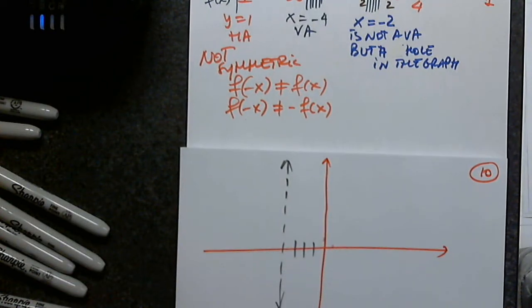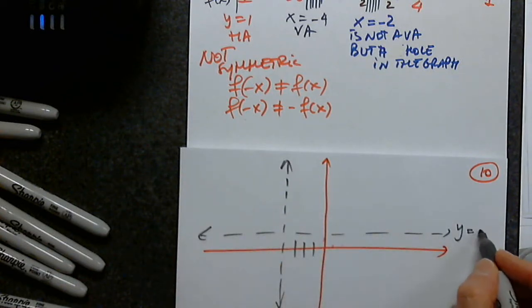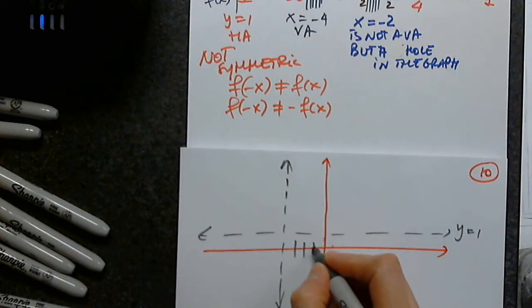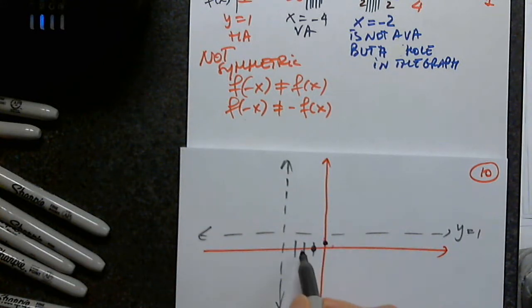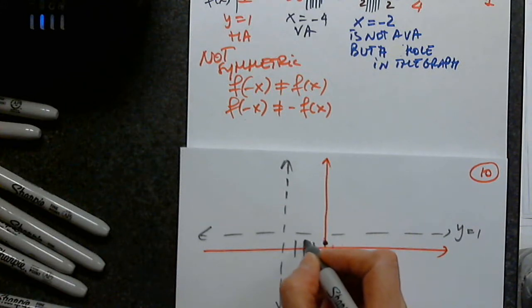And I graph y equals 1. And now I have to plot -1, 0, and 0, 1/4. And the point -2, comma, -1/2.